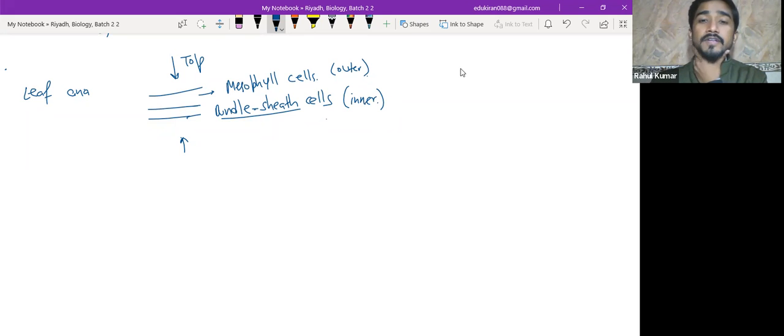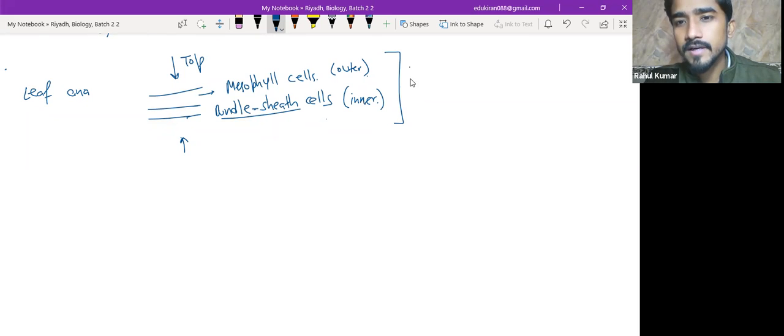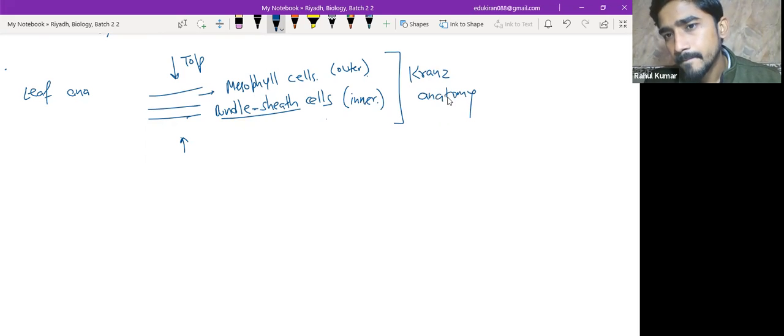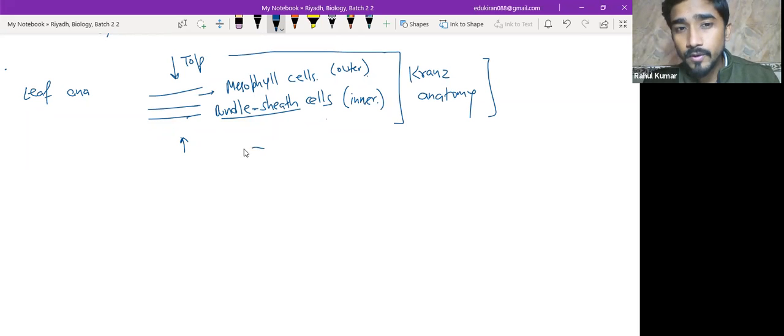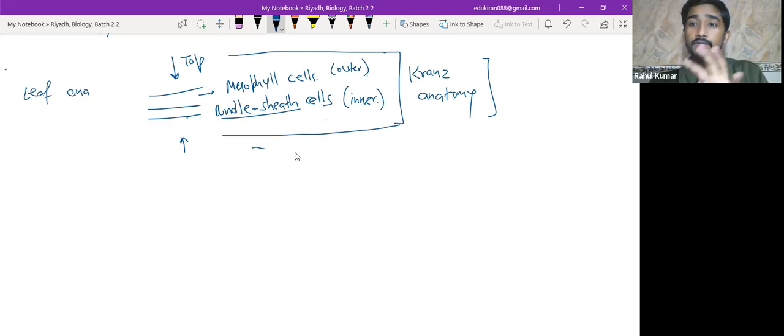There is one word that is asked in entrances. I don't think it's in NCERT. If it is, please let me know. It's called Kranz anatomy. Kranz anatomy is this arrangement of two different types of photosynthetic cells in C4 plants, along with a special chloroplast arrangement, which I'm not defining because it's not coming in boards.